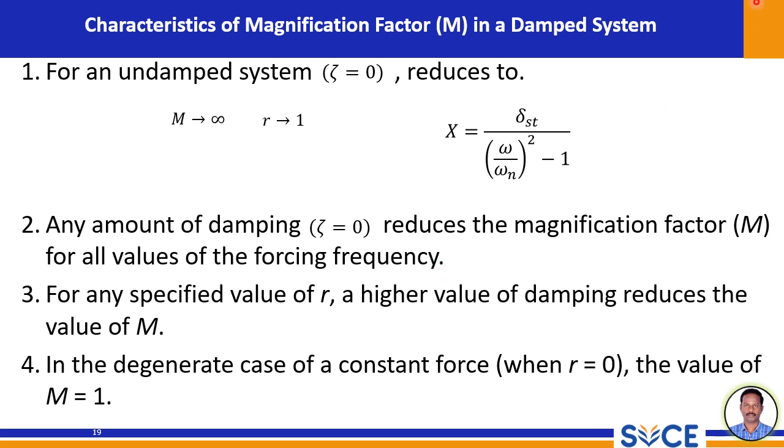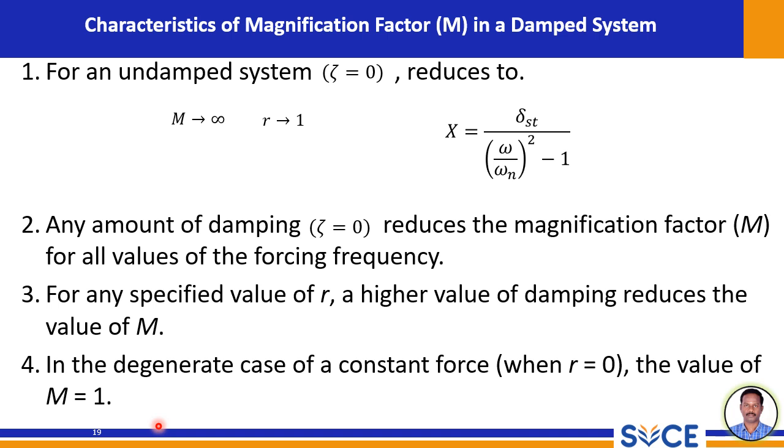For any specified value of R, a higher value of damping reduces the value of M. This means that increasing the damping in a system will always result in a lower magnification factor, regardless of the forcing frequency. In the degenerate case of a constant force, when R equals 0, the value of M equals 1.